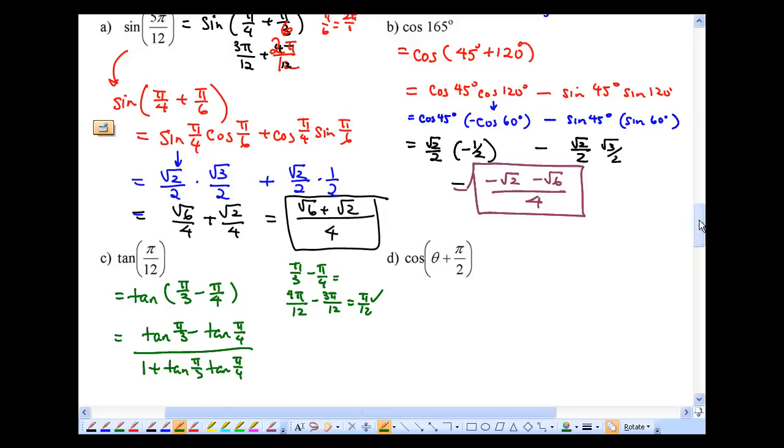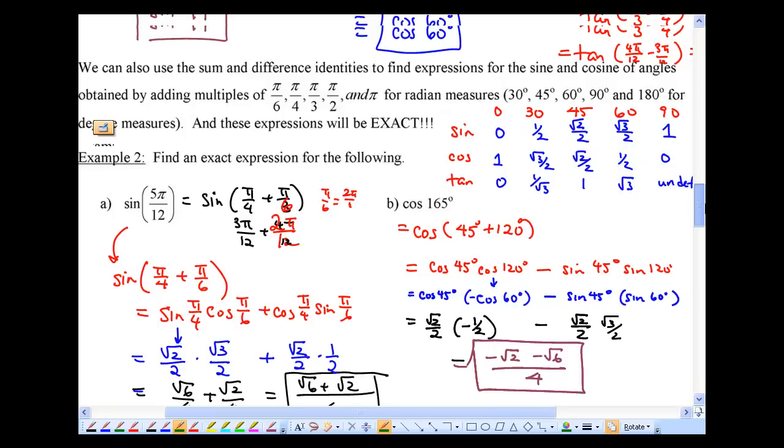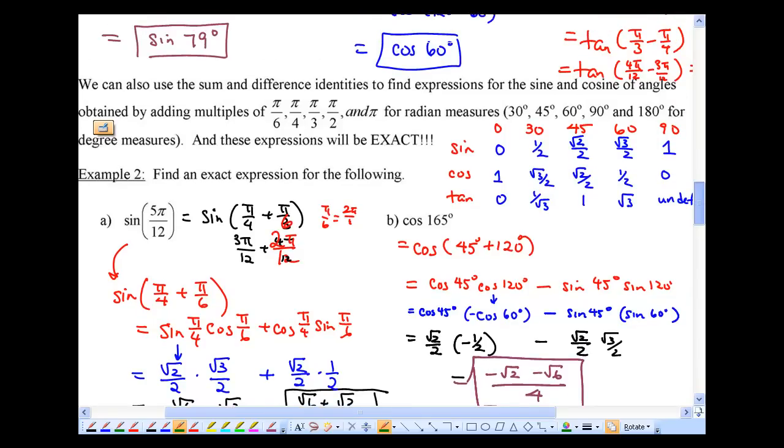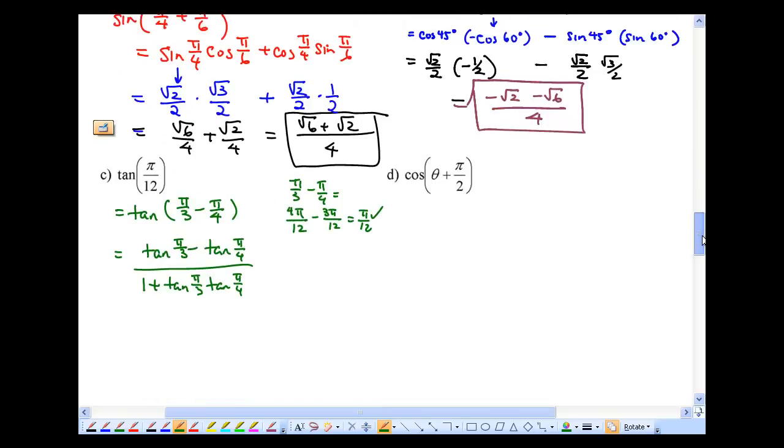Weren't too sure what those were? Go back to your chart. Pi over 3 is 60, so tangent of 60 is root 3. Tangent of pi over 4 is 45, that's just 1.